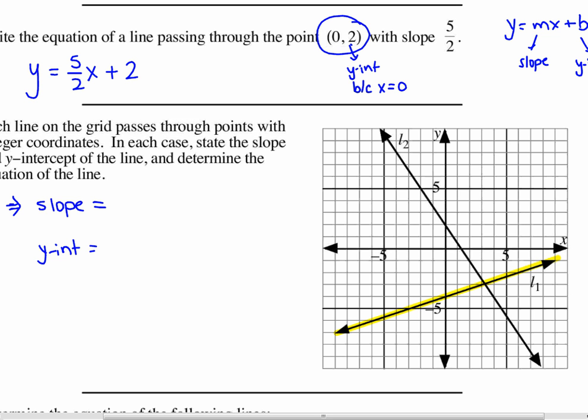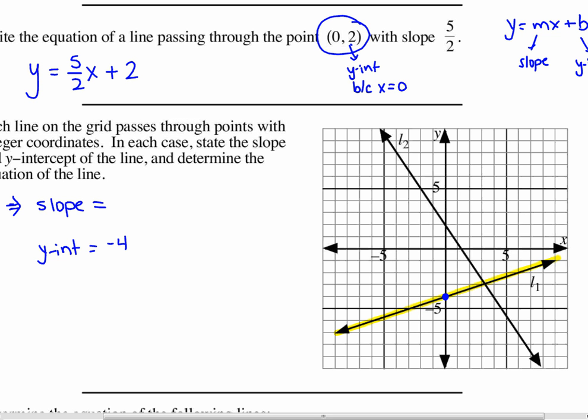Okay, how are you doing? Did you get the y-intercept? -4? Would you agree? Okay, -4. For the slope, you need to just find any 2 points. What you do and your neighbor do might be different. Any 2 points that are nice.